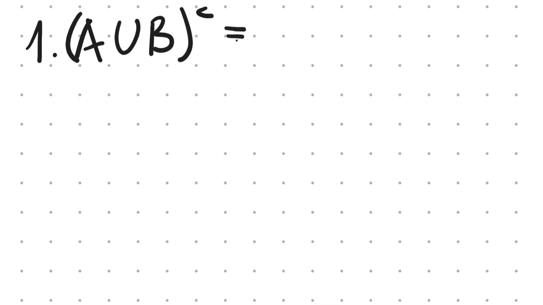So the first rule of De Morgan states that A as a set in union with B as a set, in complement, is equivalent to saying A complement and B complement. So if we want to prove this equivalence, we know from the logic playlist that we have to set one side as a subset of the other side.